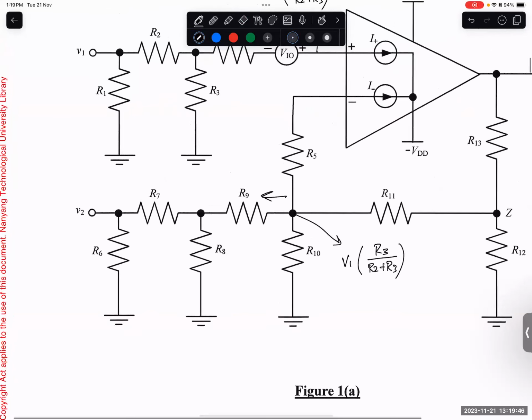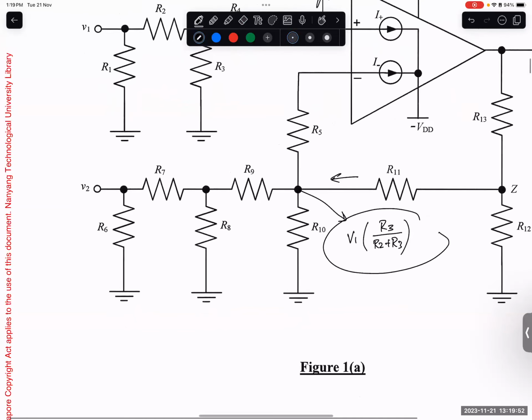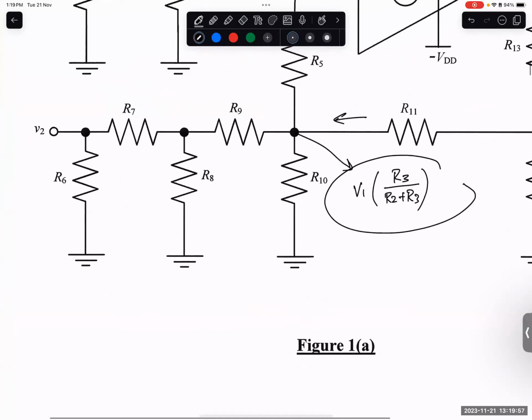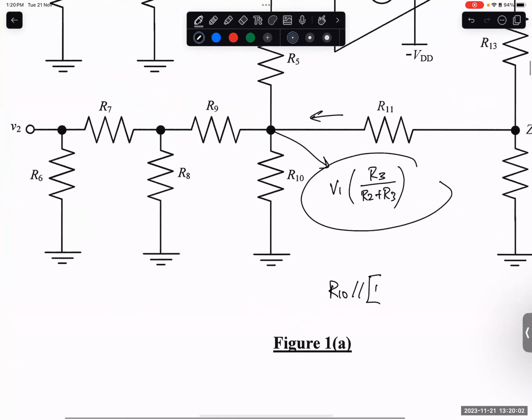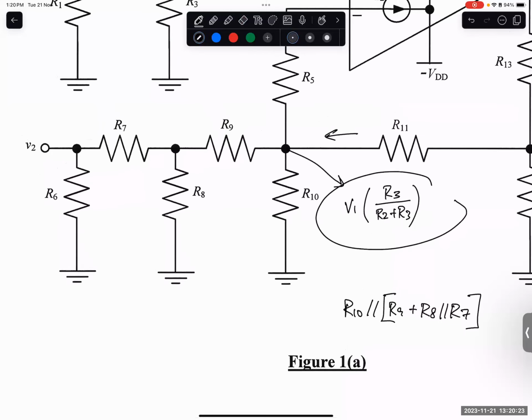Once we have this, we just need to find the current going down here. With this voltage, we just divide by the whole thing. So the answer is R10 parallel with R9 plus R8 parallel with R7 plus, wait, sorry, R7 only.